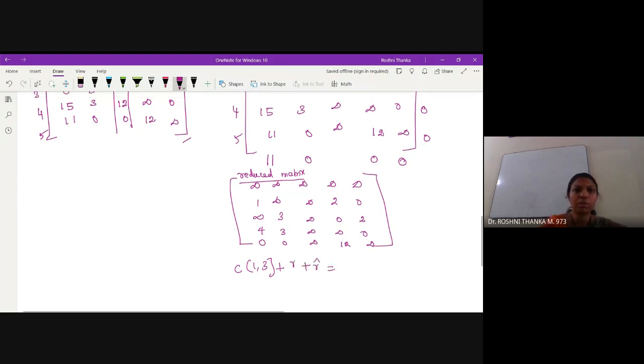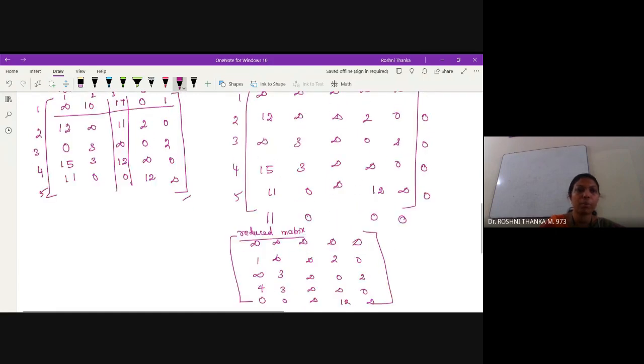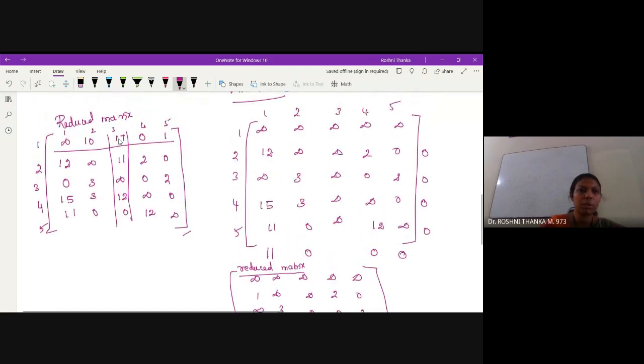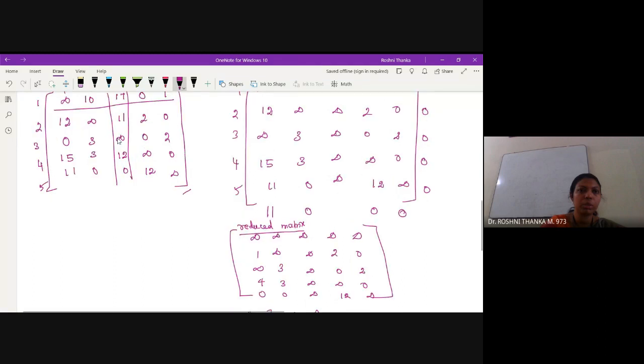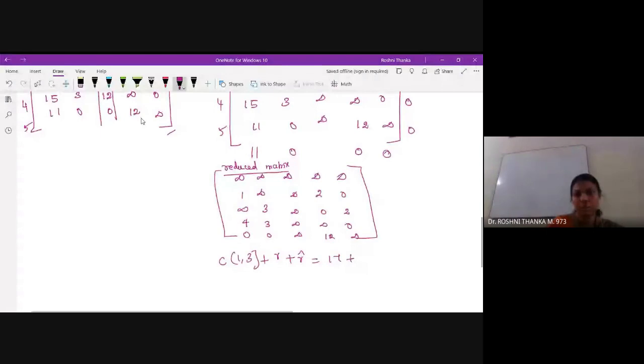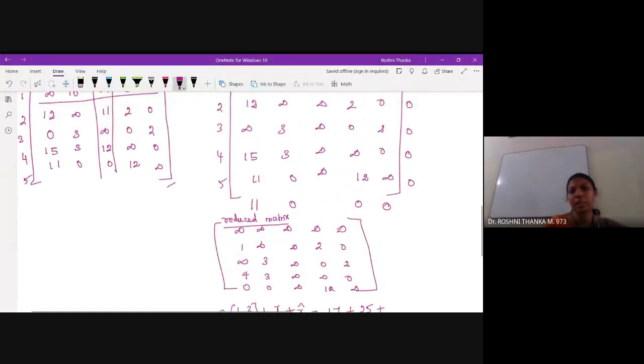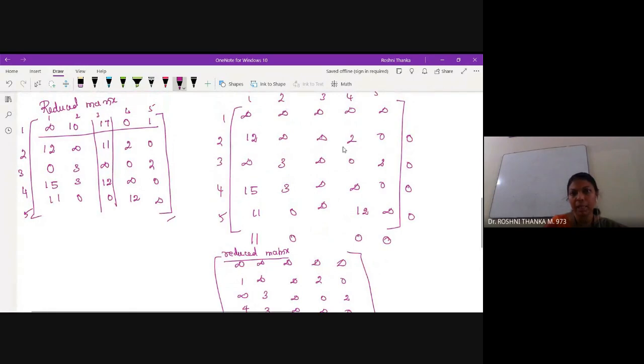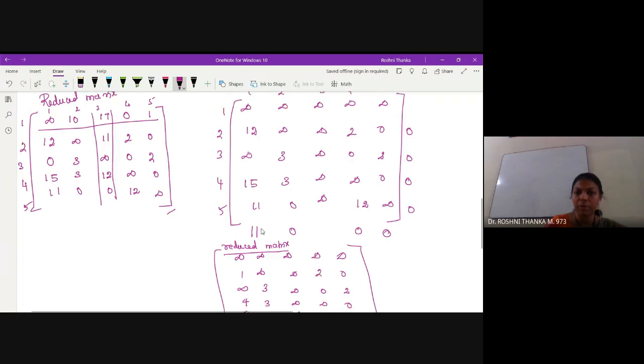So here the cost of moving from 1 to 3 is 17, plus its root node cost, which we already know is 25, plus the cost we reduced presently. Row wise we didn't reduce anything, but column wise we reduced 11 from all the values of the particular column.